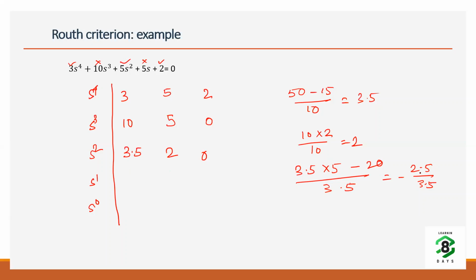The amplitude of this number does not matter; the sign is what is crucial. What about this? Both of them are 0, so this is 0. And for S0, 2 will come down. So you have the entire Routh array.